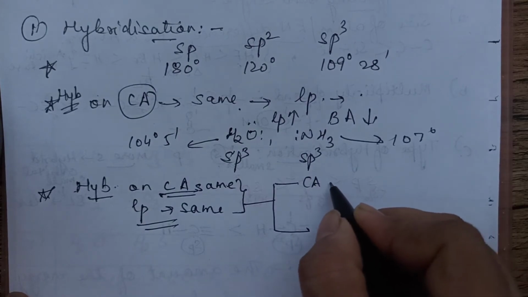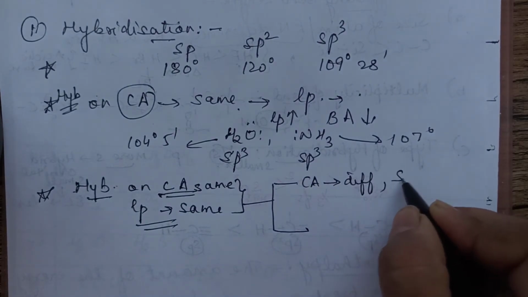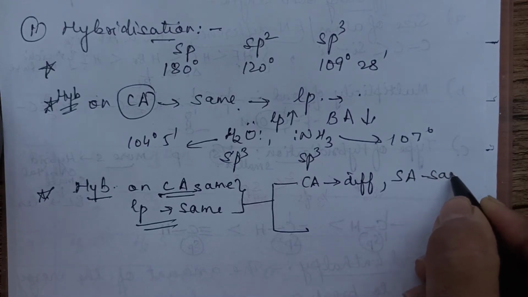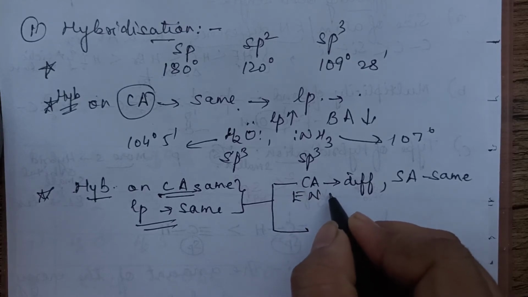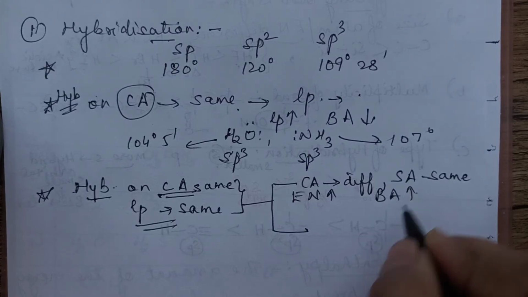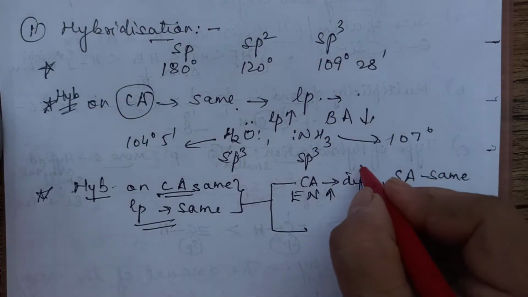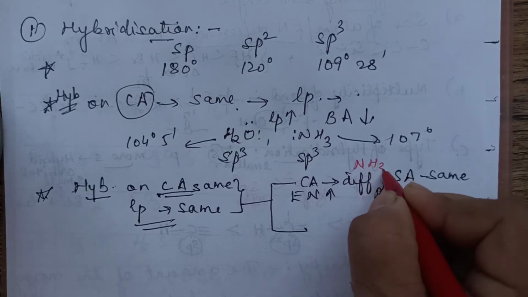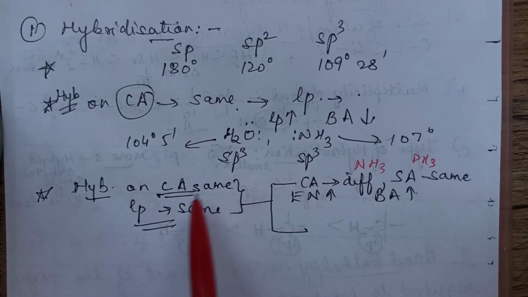If you have a different central atom and the same surrounding atom, then you have to see the electronegativity. The more the electronegativity, the more the bond angle. Like if I consider the example of NH3 and PH3, the hybridization is the same on the central atom.